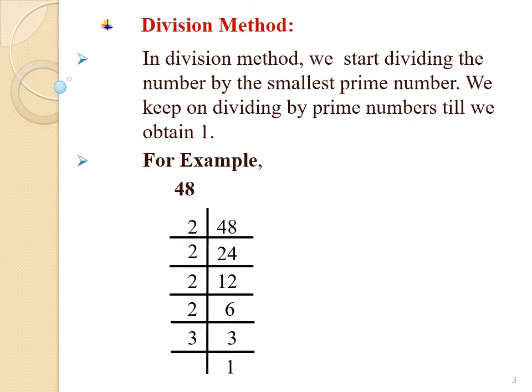Students, we obtain 1. So now, we have to stop dividing. Thus, prime factorization of 48 equals to 2 multiplied by 2 multiplied by 2 multiplied by 2 multiplied by 3.